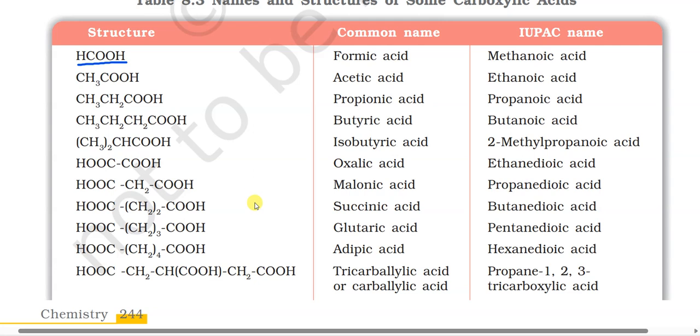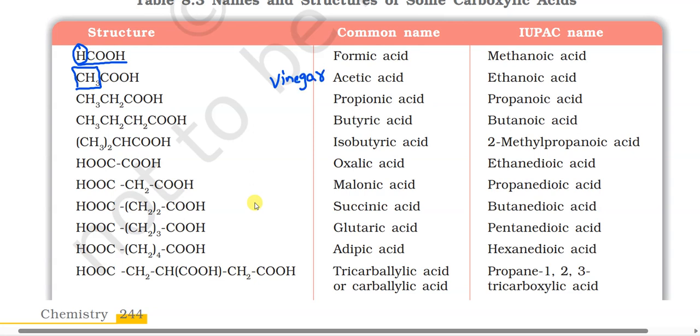Whereas CH3COOH, that means in place of this H, we have one carbon which possesses three hydrogens, obviously. For such compounds, the common name is acetic acid. It is taken from the name vinegar.